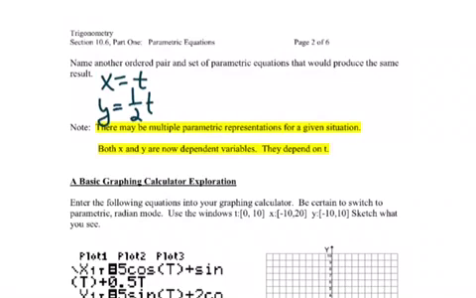But you could also have done, as a different example, x equals 4t and y equals 2t. Again, what you see is the y is half the x. And you can see that there are infinitely many answers. The main point is that there may be multiple representations of a parametric equation. And if you're not sure, go ahead and plug these equations into your grapher, and you'll see that you get the same graph.